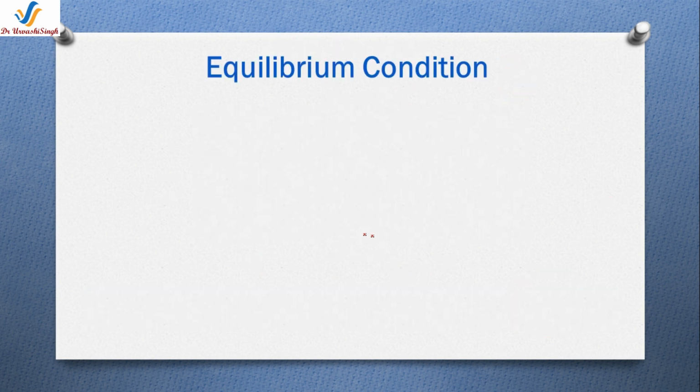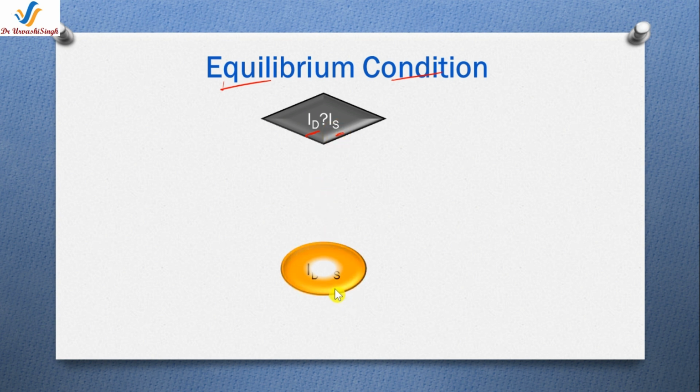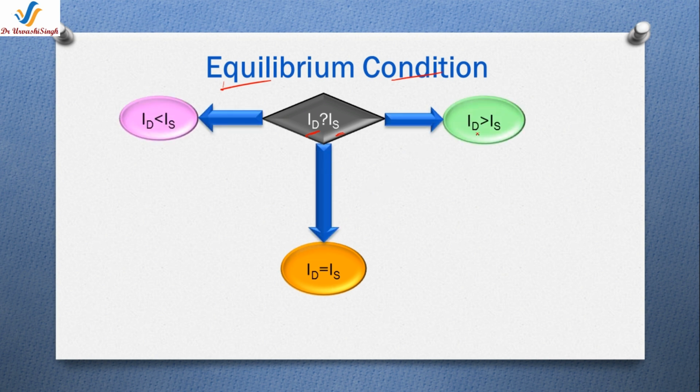voltage. Now let's see the process of maintaining the equilibrium condition by the barrier voltage. So the diffusion current and the drift current should be equal in the equilibrium condition of open circuited PN junction. So there can be two possibilities, either the diffusion current is greater than the drift current or it is smaller than the drift current.